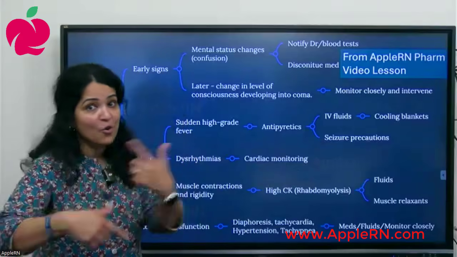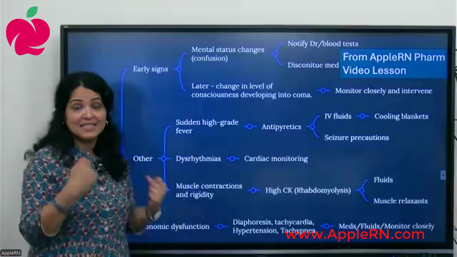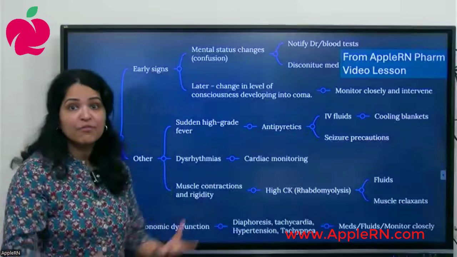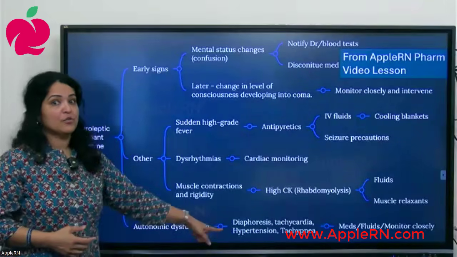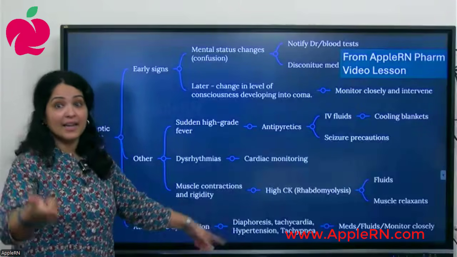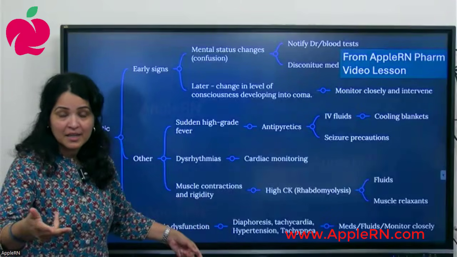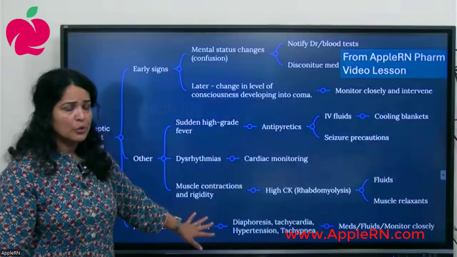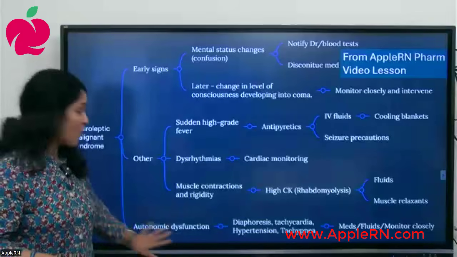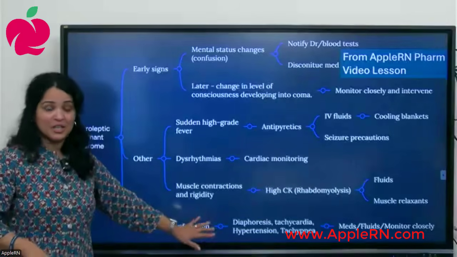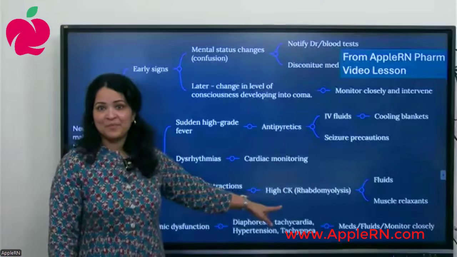Because it can go real bad with the muscle stiffness and rigidity and high fever and then autonomic dysfunction, like the patient was having diaphoresis, tachycardia, hypertension, I think tachypnea too, right? So all these classic neuroleptic malignant syndrome problems were there for the patient. And high CK, right?